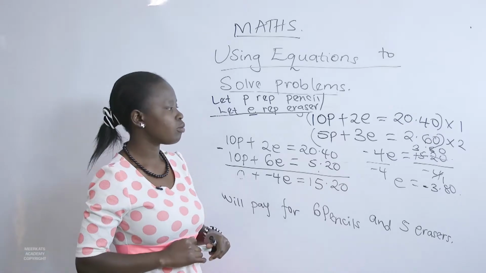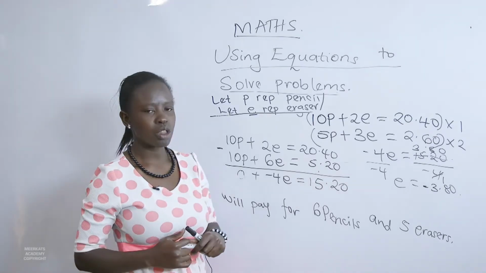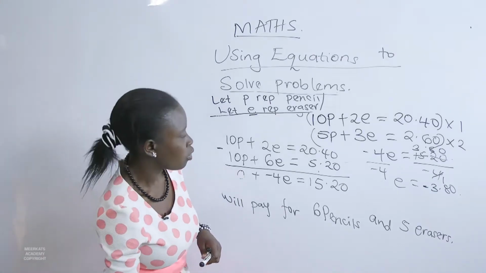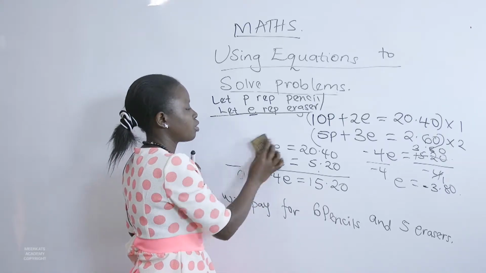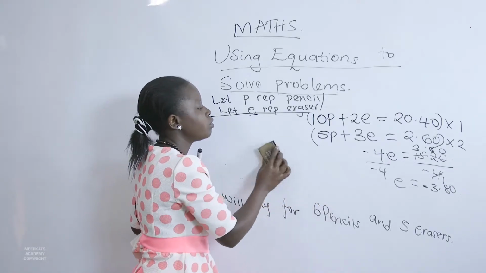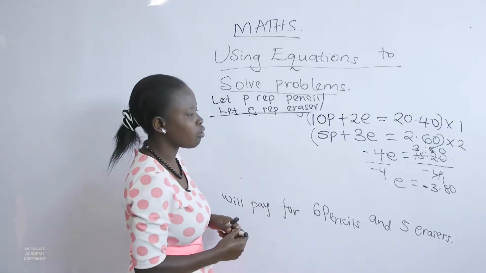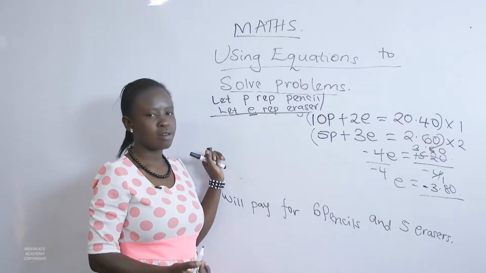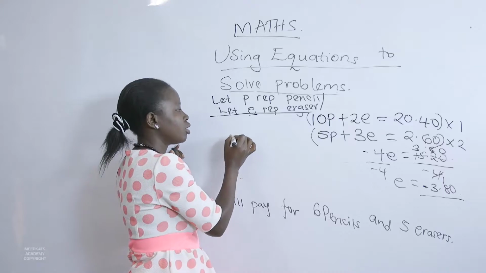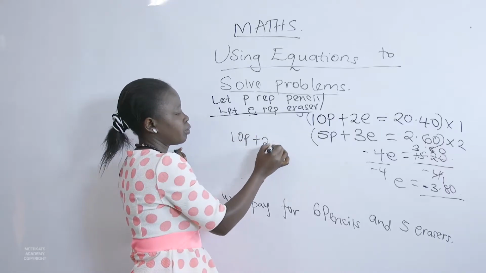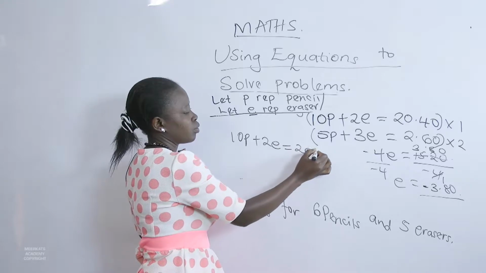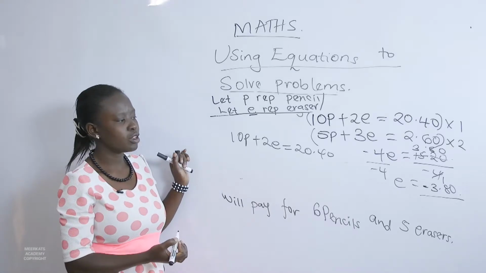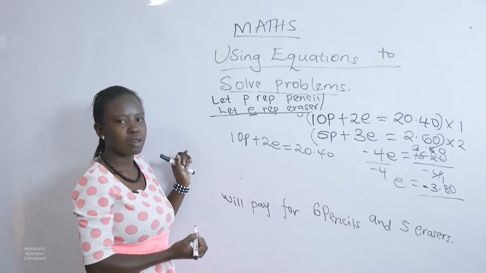Next, we need to get the value of p. To find the value of p, we can use either equation 1 or equation 2, whichever you opt for. So using equation 1, we are saying that our value for e is negative 3.80, meaning 10p plus 2e is equal to 20.40, but our e is negative 3.80.